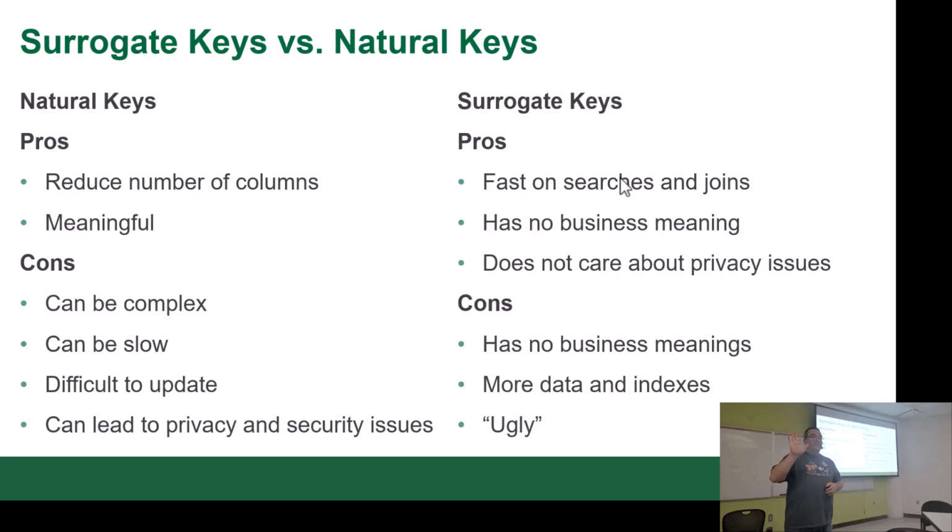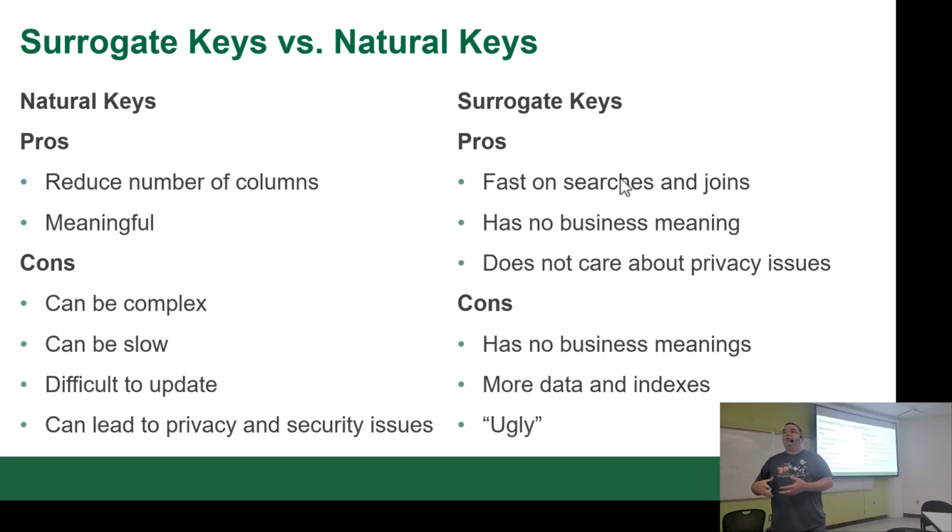In 8 bits, 2, 4, 8, 16, 32, 64, 128, 256, you can store 256 numbers in the same space. So yes, it has more data, but it's much more efficient data.